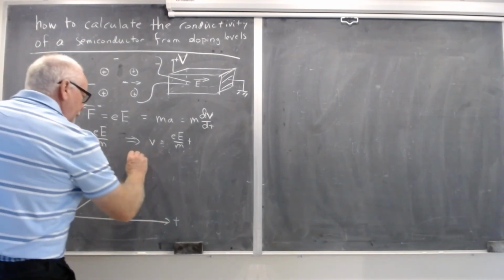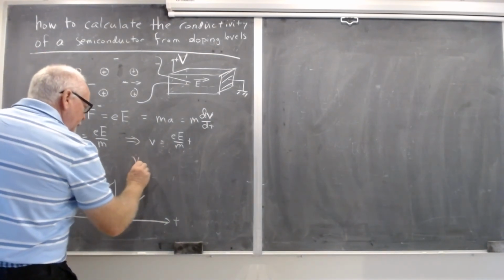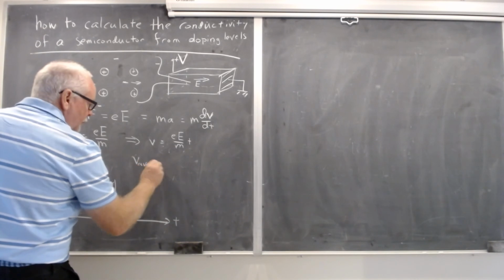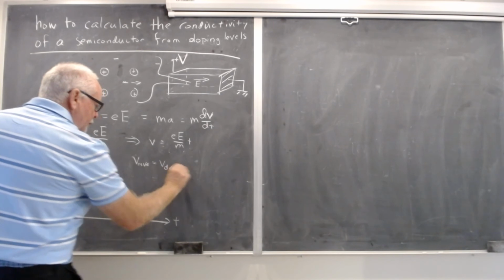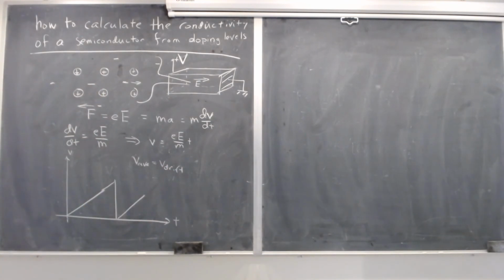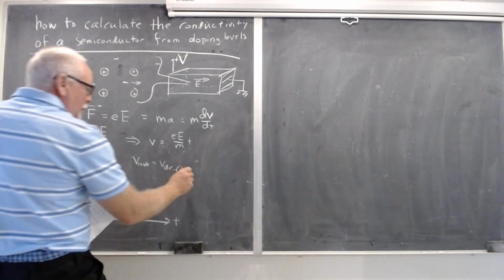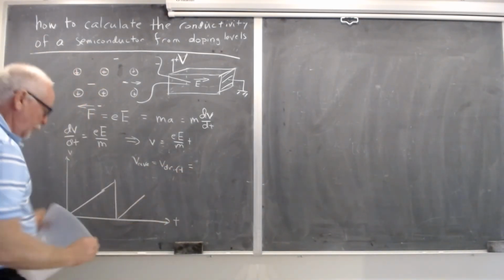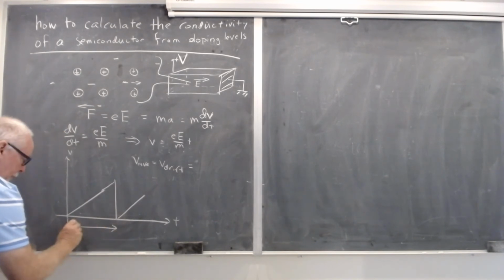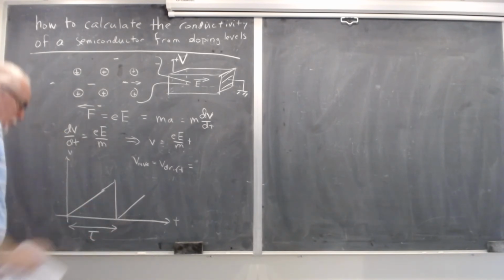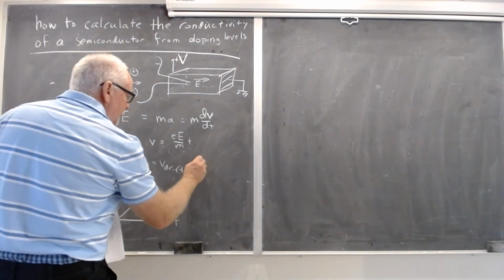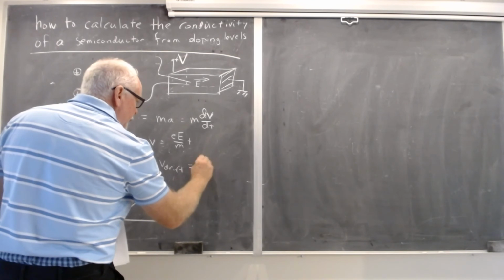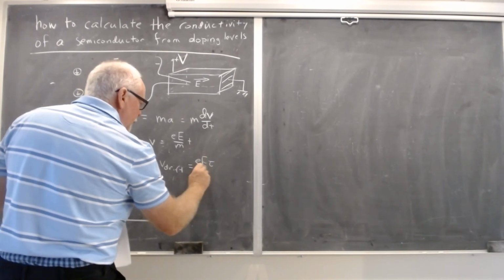Now, there's something called the average velocity, which is also called the drift velocity. Okay, I'm going to try and be neat. All right, now what is that? Well, if this time is tau, the scattering time, that drift velocity or average velocity is E tau over m.